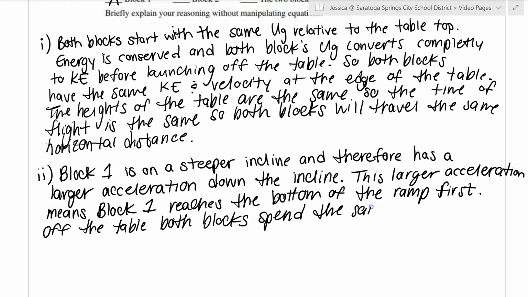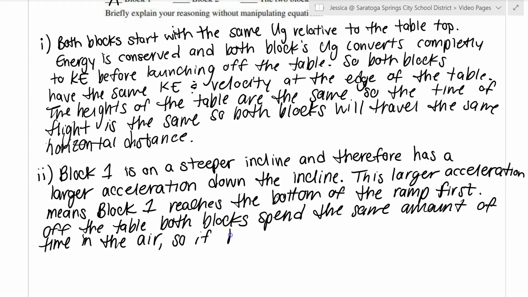the same amount of time in the air, because I'm trying to be as specific as possible with this time piece. So both blocks spend the same amount of time in the air.